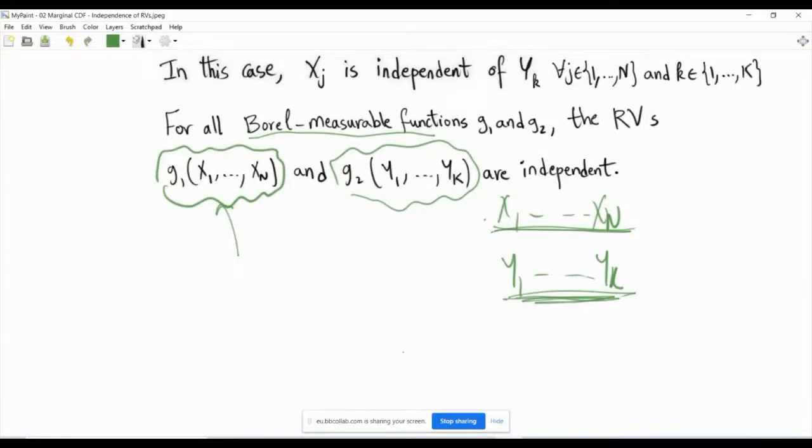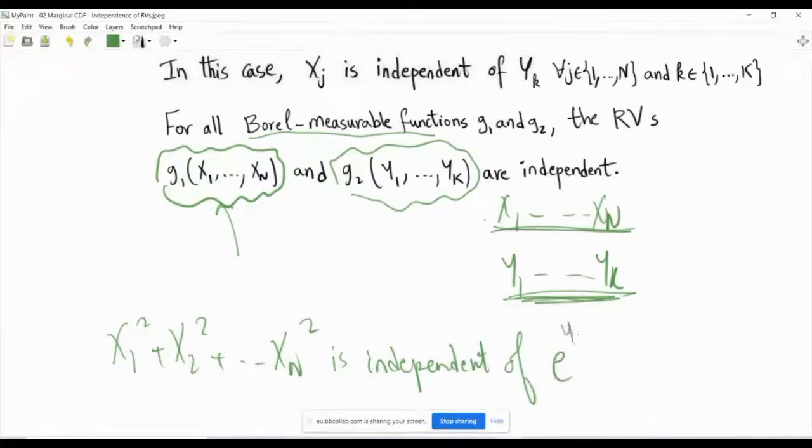Each function itself is a random variable, and these two random variables will be independent. For example, x1 squared plus x2 squared plus up to xn squared is a function applied to the x's, and it is independent of e to the y1 plus e to the y2 plus up to e to the yk, which is another function applied to the y's.